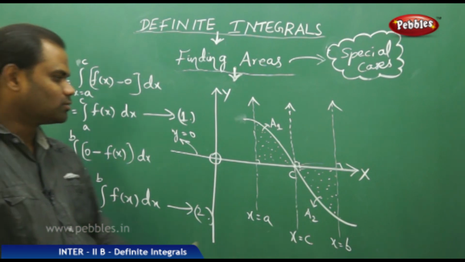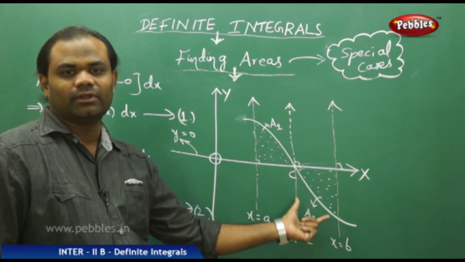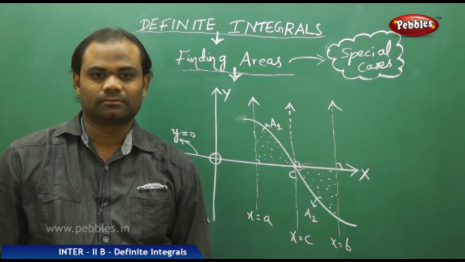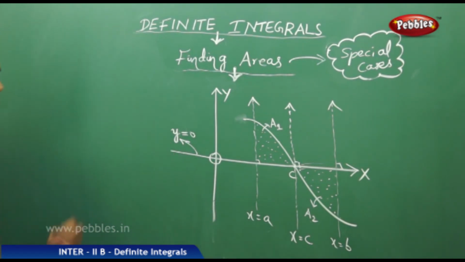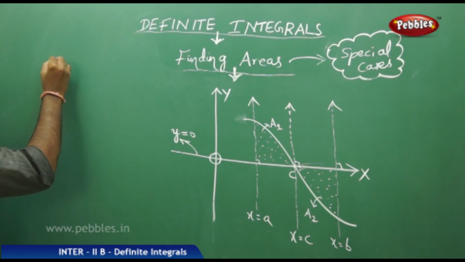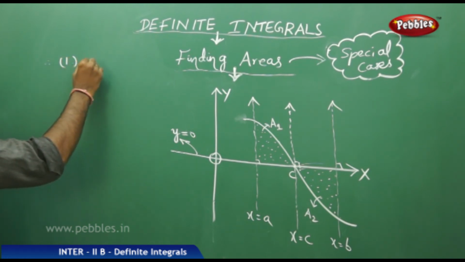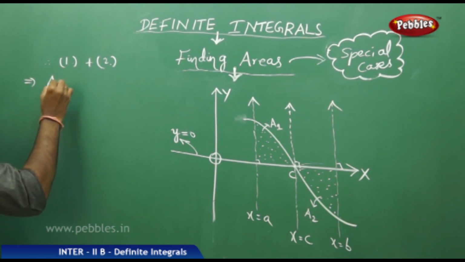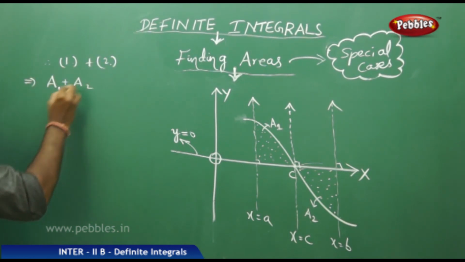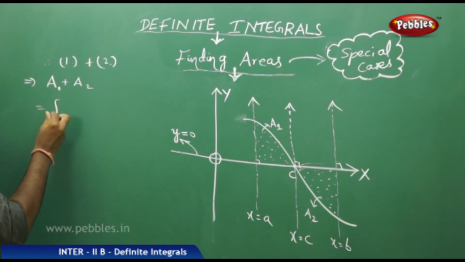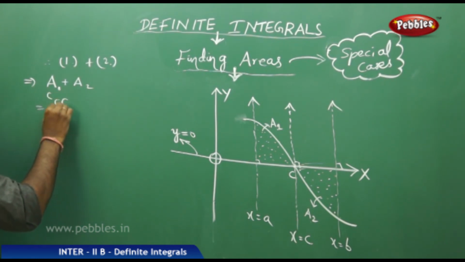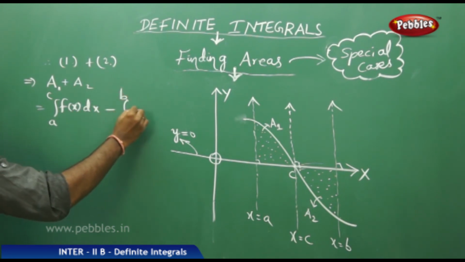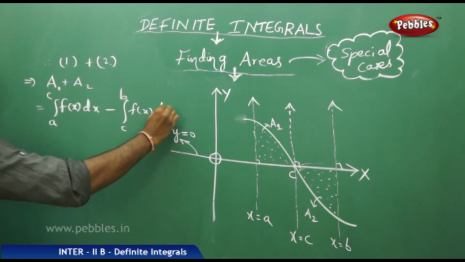Now in order to find the total area, we add A1 and A2, then we get the overall answer. Therefore, adding equations 1 and 2 implies A1 plus A2 would be integral a to c f of x dx minus integral c to b f of x dx.